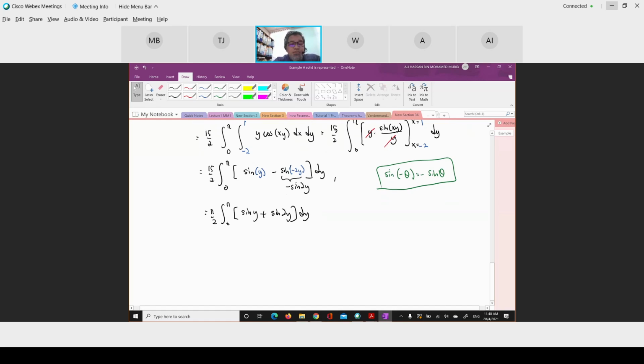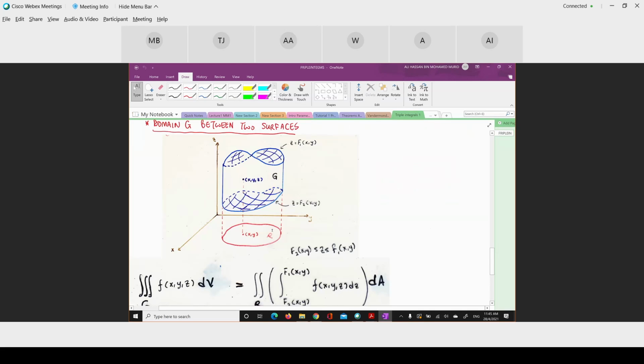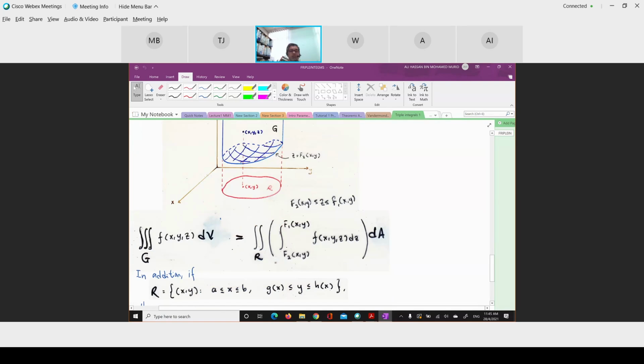So this shadow on the xy plane consists of all the points (x,y) of the object G. So the point (x,y) is in some region R here. We first integrate with respect to z, and then we integrate the double integral over the region R.